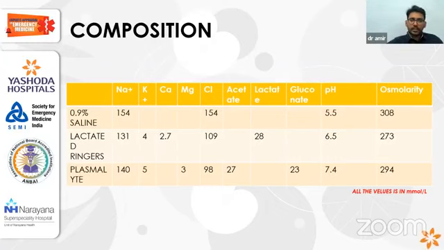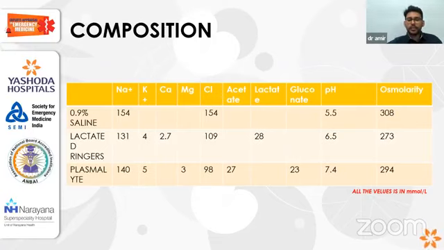That is 154 millimole, and the chloride value is 154 millimole, which will lead to hyperchloremic metabolic acidosis, which can cause AKI in the patient due to renal impairment. And in Plasma-Lyte, the serum osmolarity is, as I told you, 275 to 295.